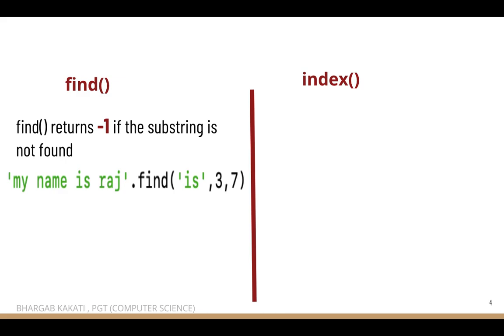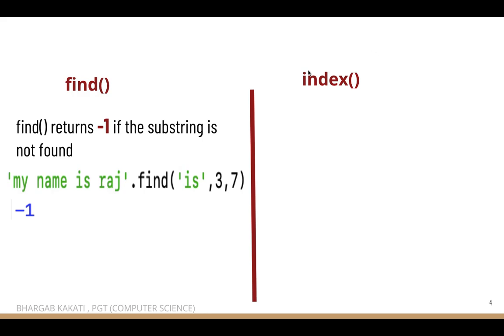For example, if I write my name is Raj dot find is 3, 7, within the index 3 and 6, is the substring present? Let's see, 0, 1, 2, 3. That means searching will start from n. 4, 5, 6. It will end here. So between n and e, is the substring present? It's not present. Therefore, it will return -1.